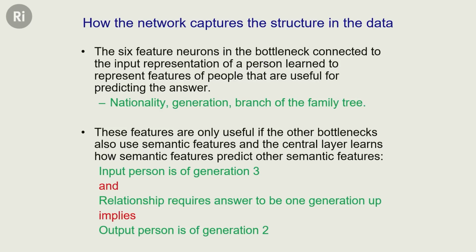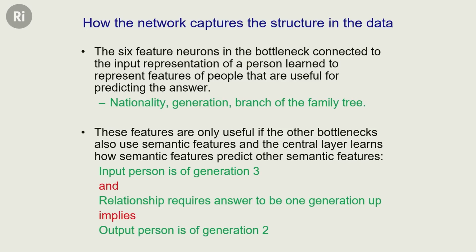They learned to be sensible semantic features. They learned to be features that represented things like the generation of the input person. And the 6 features of the relationship learned to be sensible features like, does this relationship require the output person to be 1 generation up from the input person? So something like father does, whereas brother doesn't.